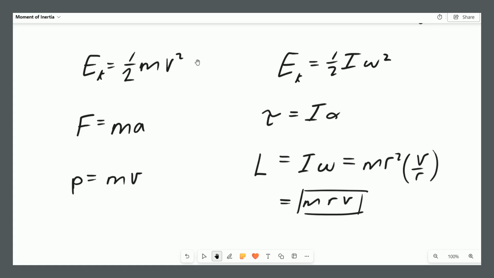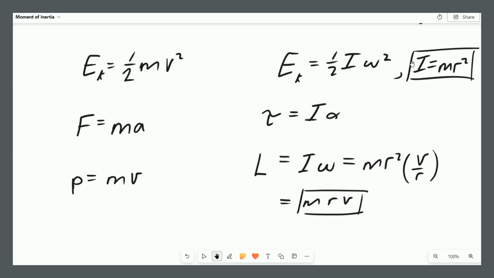When we rewrite kinetic energy in terms of angular velocity, we get this I, which is equal to mr squared, which seems to play the role of mass when we're looking at how much an object can resist changing its angular velocity.